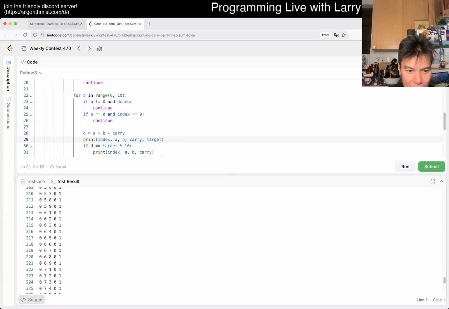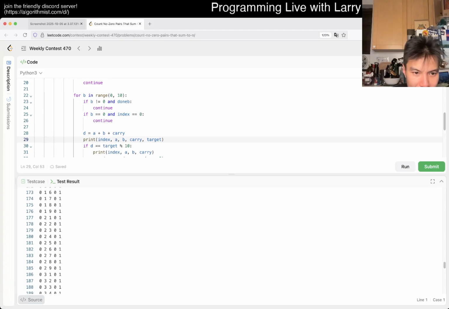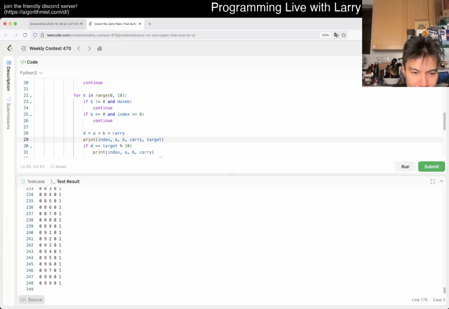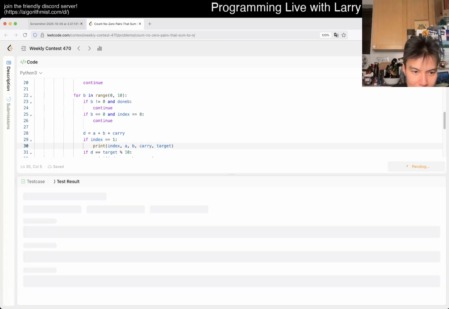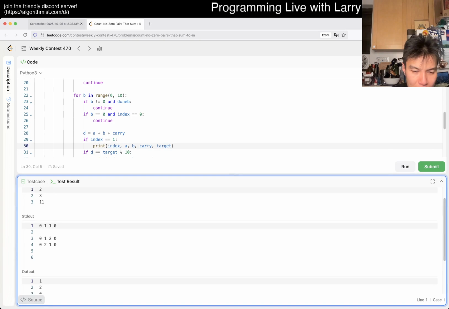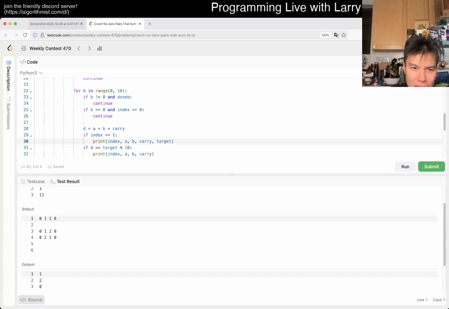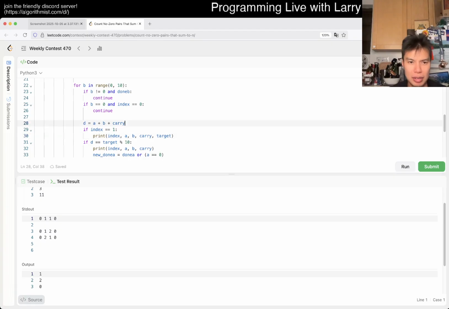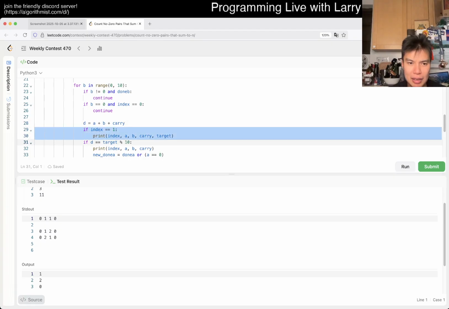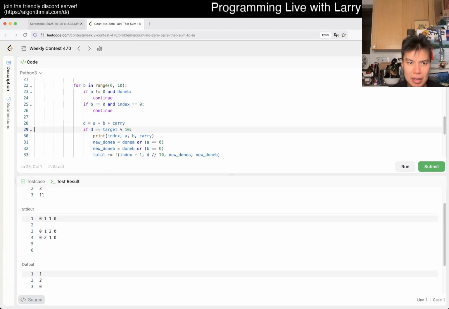Okay, so you have 1, 8, you have index, A, B, carry. Okay, let's just do it if index is equal to 1. The zeros are not 2 plus 9. It should be equal to 1, right?